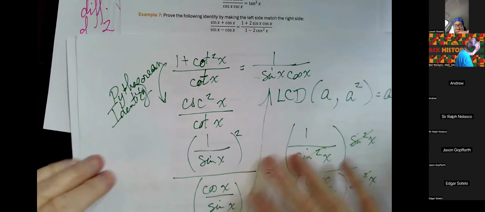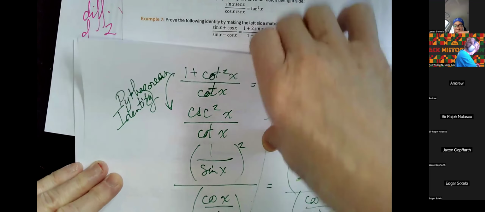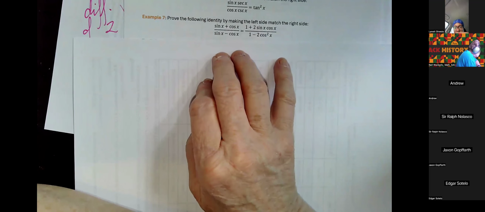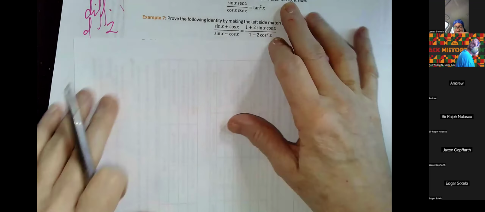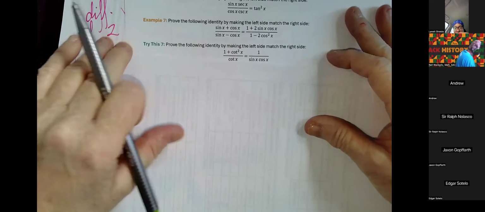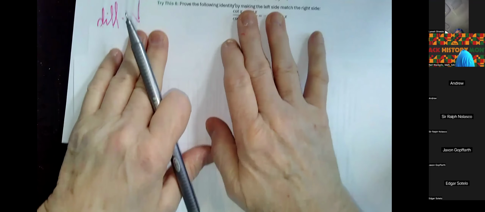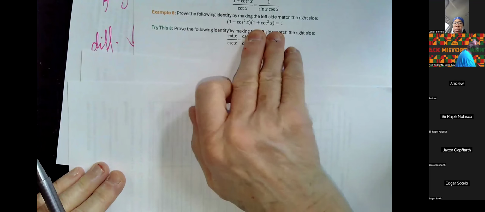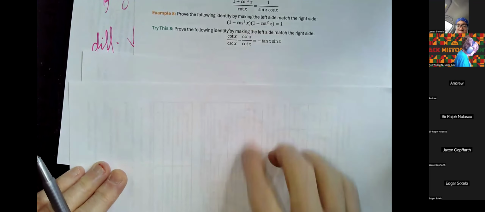Let's do one more together and then we're going to go on to another topic. Oh, here we go. This one's better. Let's look at 1 minus cosine squared x times 1 plus cotangent squared x equals 1.